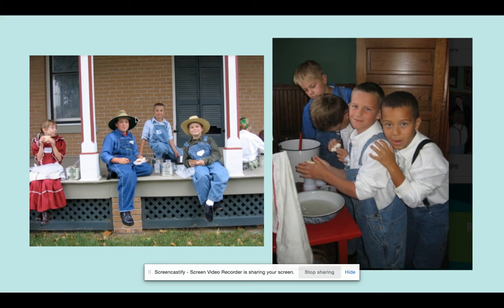Let's look at the image on the left. The first thing that I noticed was they are holding sandwiches in their hands, and they are outside. I'm wondering if they are eating lunch outside. I also noticed that each student has one of these tin buckets by them.